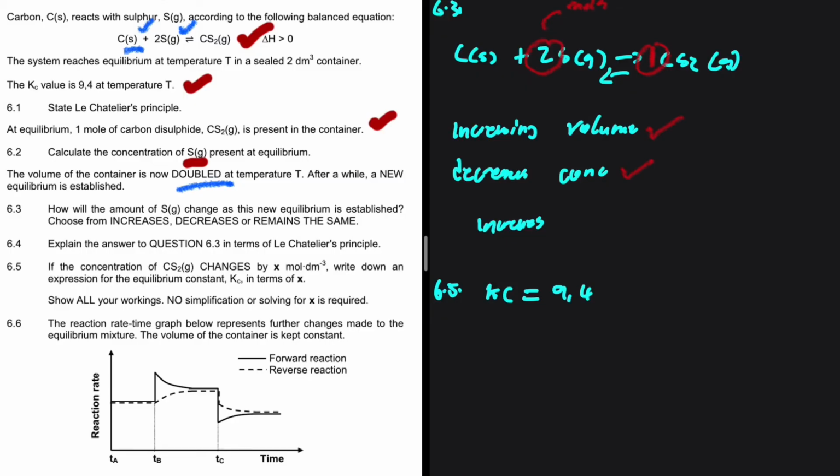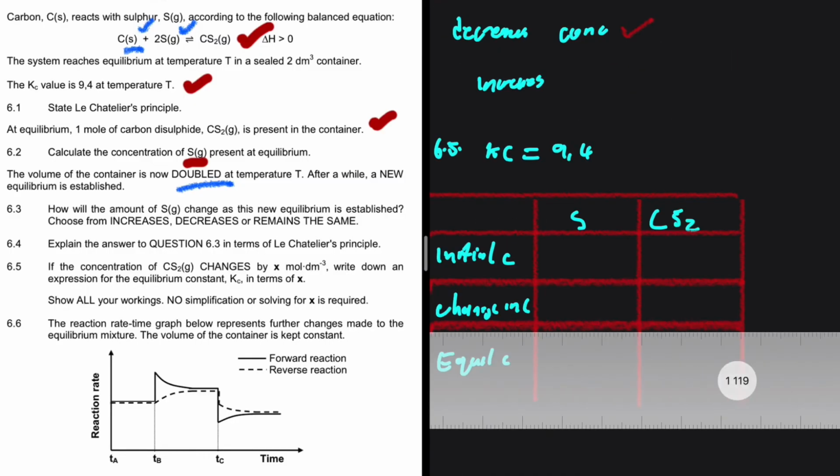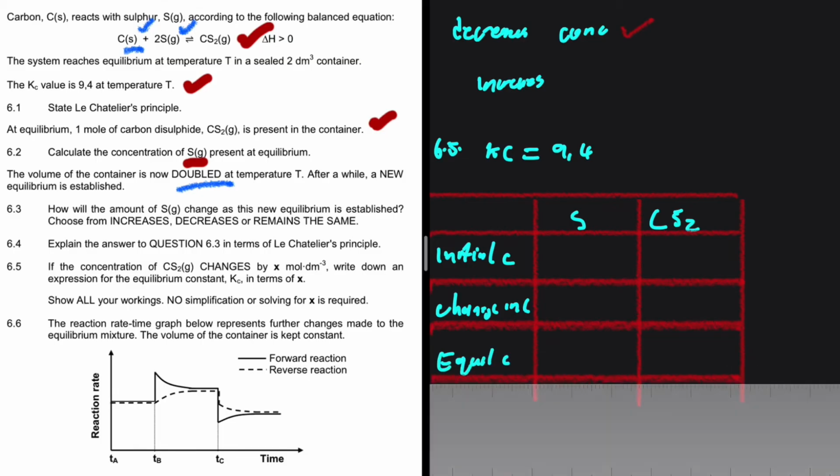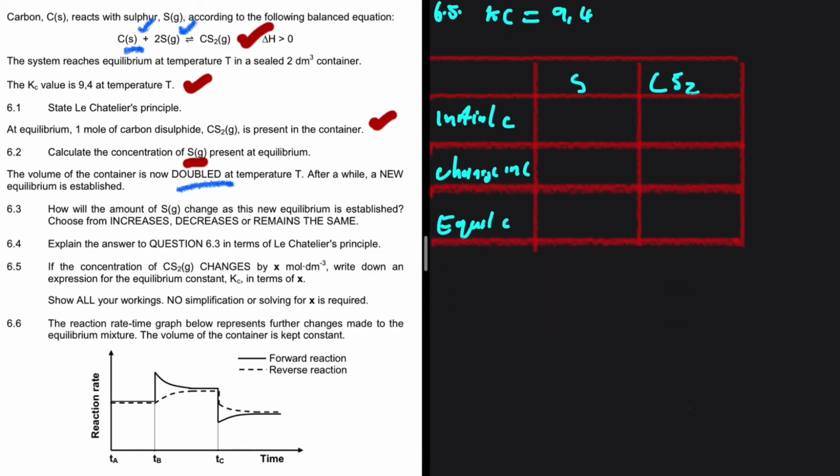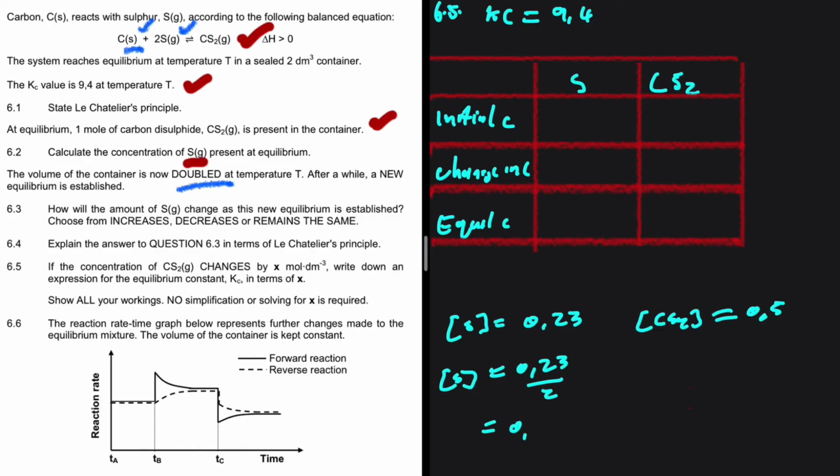Well, let's go ahead and draw our table. Before we doubled the volume, the concentration of sulfur was 0.23 and the concentration of CS2 was 0.5. When you double the volume, the concentration of sulfur is now going to be equal to 0.23 divided by 2, which is 0.115.